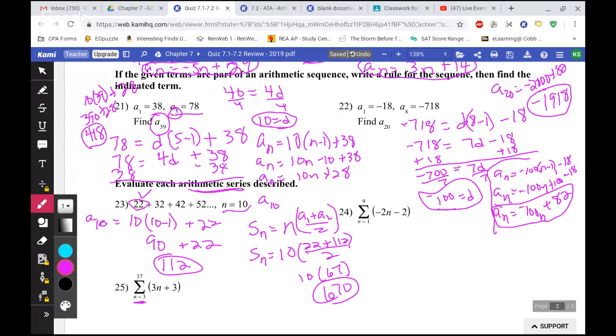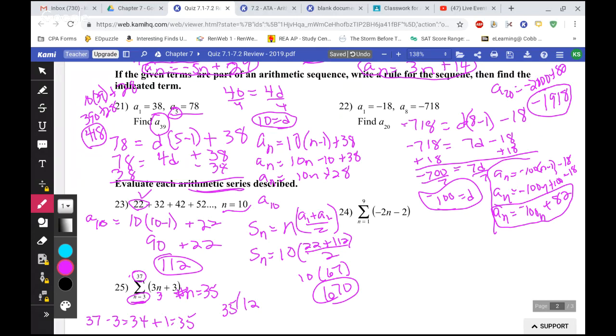For this one, I need to find the number of terms, which is going to be 37 minus 3, which equals 34, plus 1 equals 35. So that is the number of terms in this sequence. And the value of the third term is 3 times 3 is 9, plus 3 is 12.